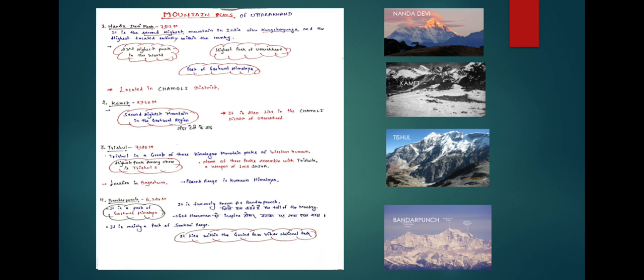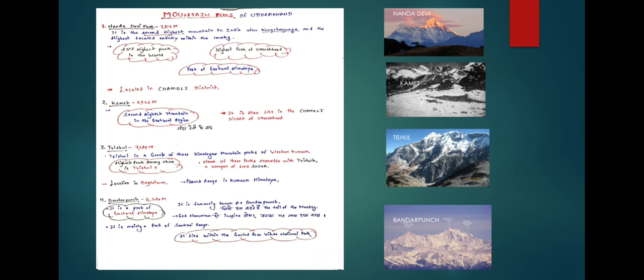Now we will discuss the Nanda Devi National Park, having a height of 7,817 meters, and it is the second highest peak after Kanchenjunga, which is situated in Sikkim. If you talk about the overall height, this peak is placed 23rd.